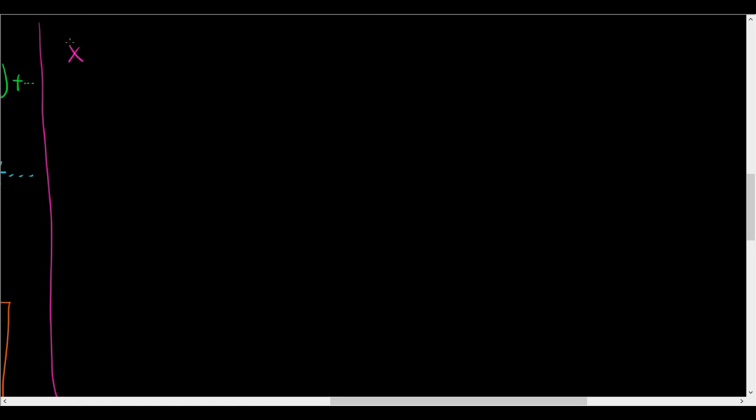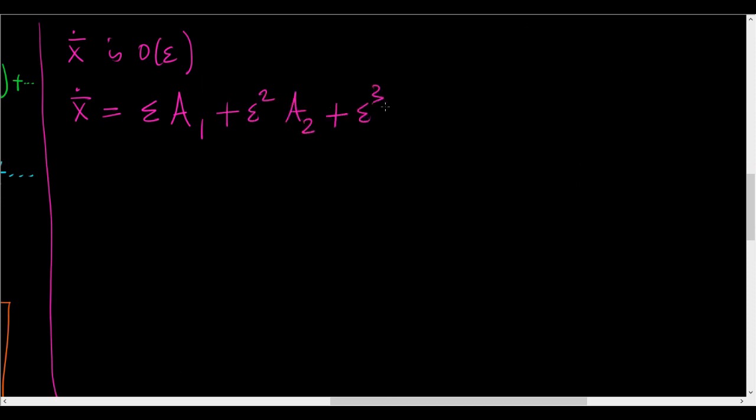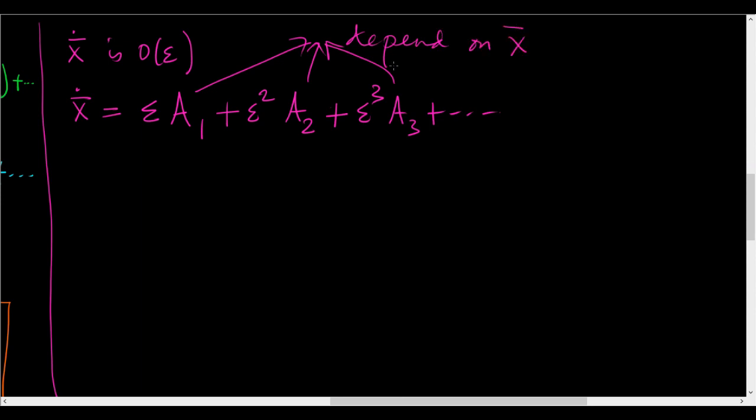Since x bar dot is order epsilon, let me say x bar dot is equal to epsilon a1 plus epsilon squared a2 plus epsilon cubed a3 plus dot dot dot. Let me pose this. These are expressions. They are functions in terms of x bar only, because that is the averaged variable. We are going to average the time out, right? So these depend on x bar, but these are expressions that we will determine.